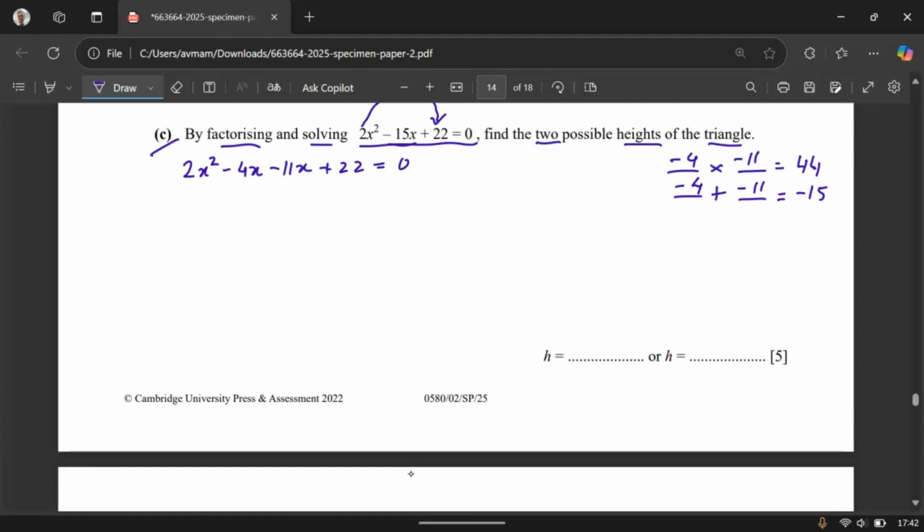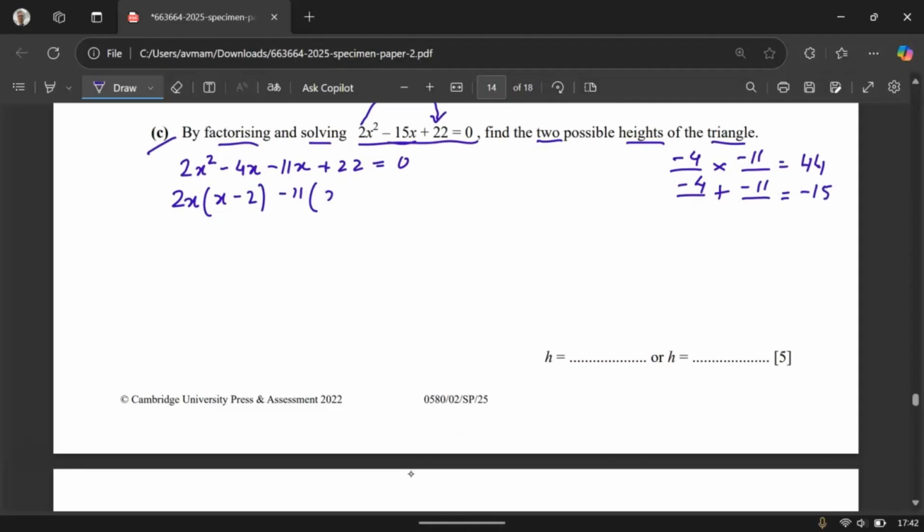And then let's factorize them, linear factorization. 2x is the highest common factor, x minus 2 inside. Minus 11 is the highest common factor, x minus 2 stays inside. And if you look at the terms inside the bracket, they are the same. So we can write this as x minus 2 times the outer numbers, that is 2x minus 11 equal to 0.